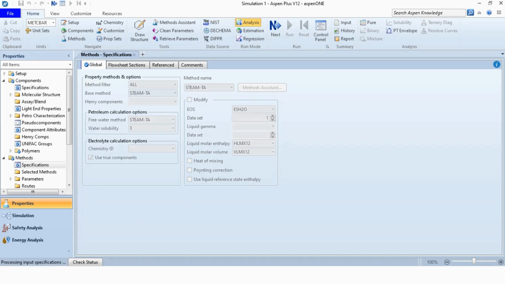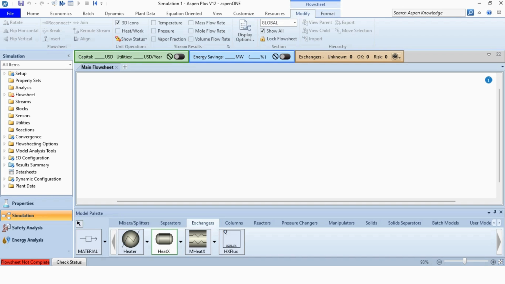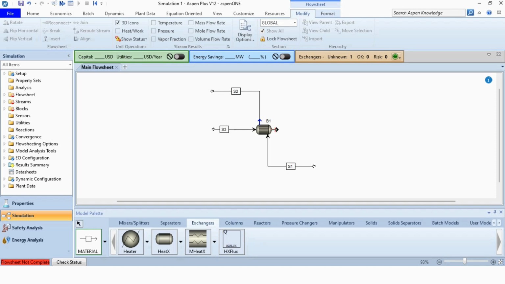And once the results are available, we will go to the simulation blocks in exchanger, we will select heat X and we will do the connections hot in, hot out, cold in, cold out, control A, control B to align it. We can replace the nomenclature, but we can go like that as well.